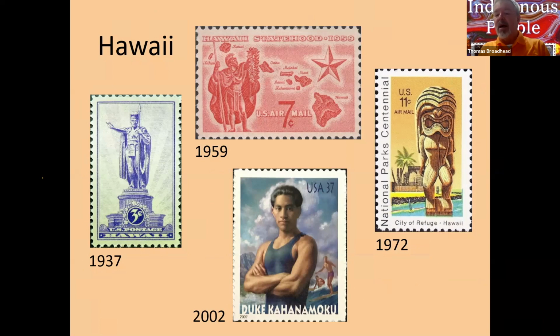We have the City of Refuge in Hawaii with a carved wooden idol. And then in 2002, famous surfer Duke Kahanamoku. And so we have a limited representation of indigenous peoples on stamps representing Hawaii.